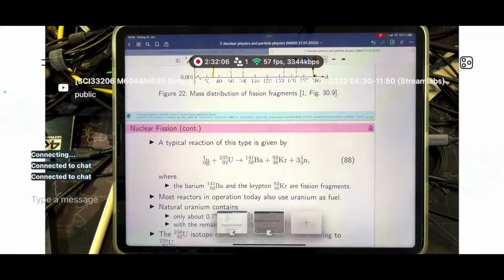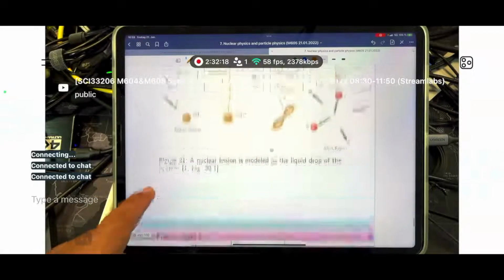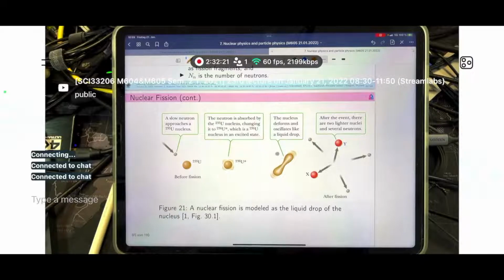We accelerate the neutron to hit the uranium-235 isotope, and the nucleus tries to separate, and finally, due to the high vibration, we get barium and krypton.